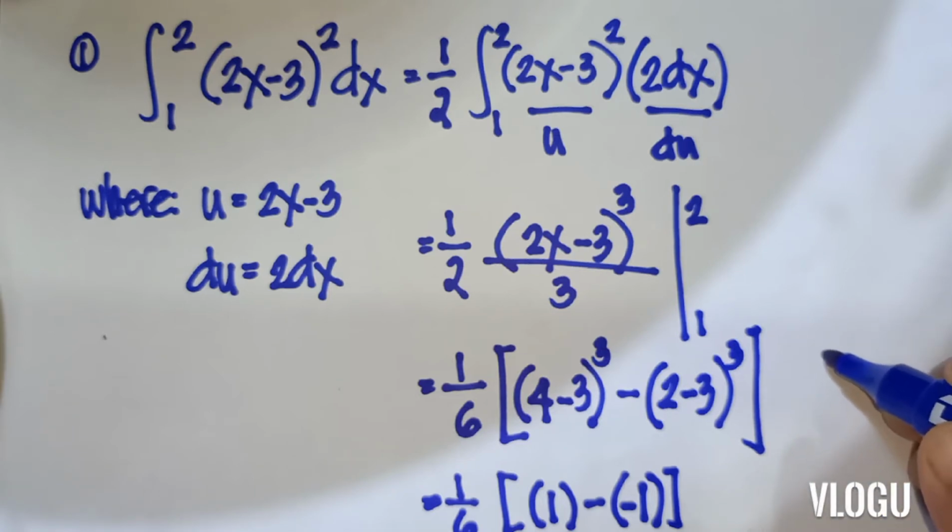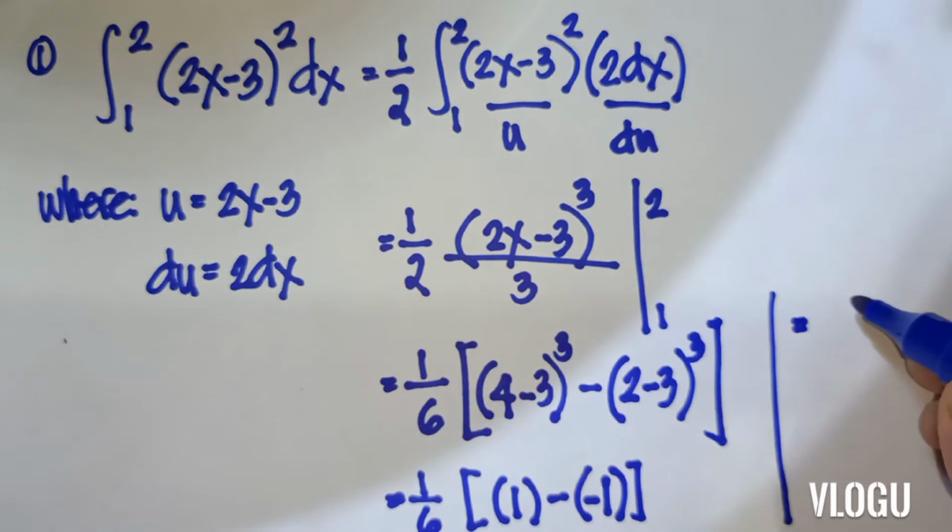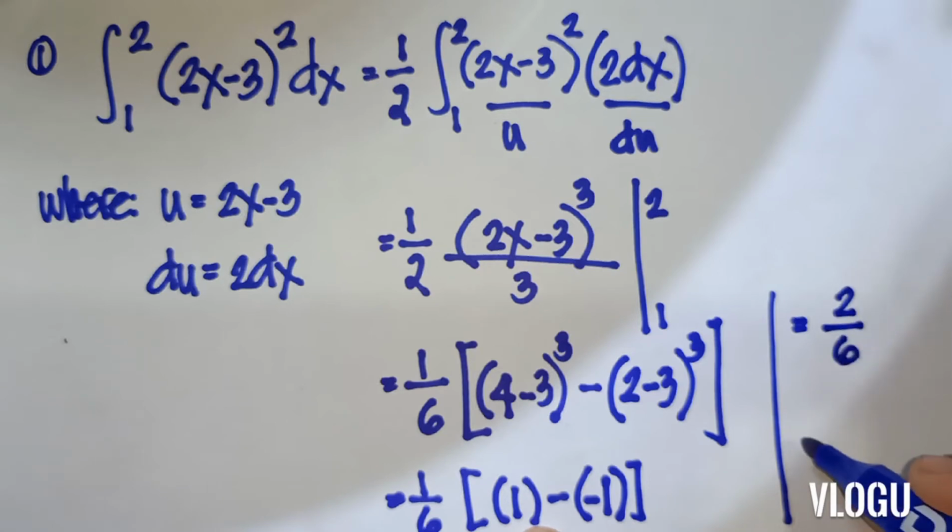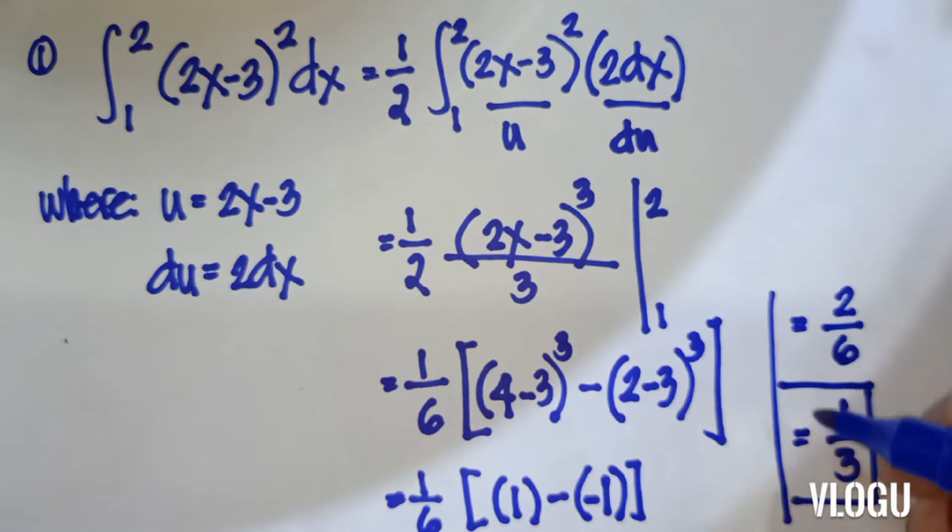So the final answer here is 2 over 6, which is equivalent to 1/3. This is now the final answer.